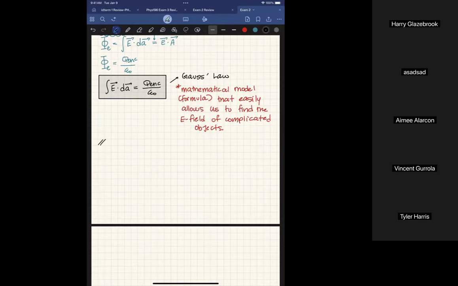And I just want to remind you about conductors. Just as a reminder, this is going to be important a little bit later. Conductors store charge at the surface, and the electric field inside a conductor is always 0.